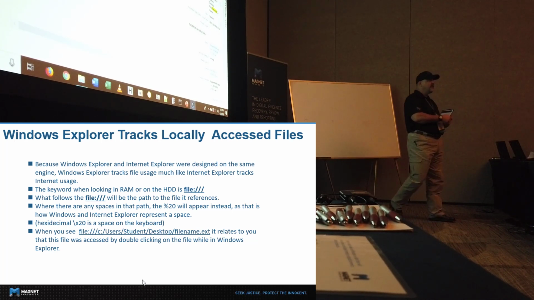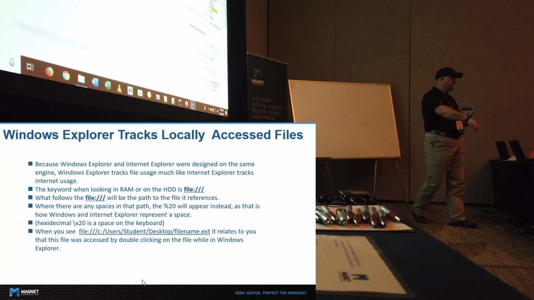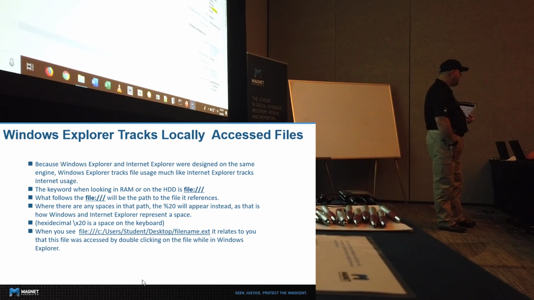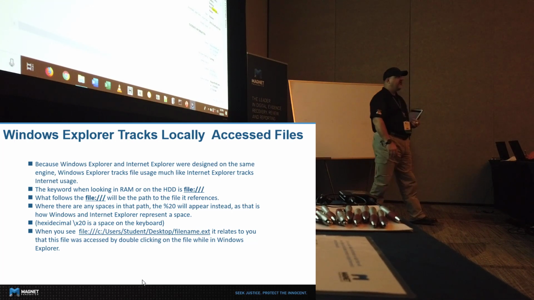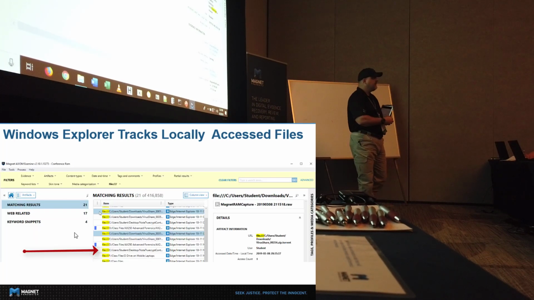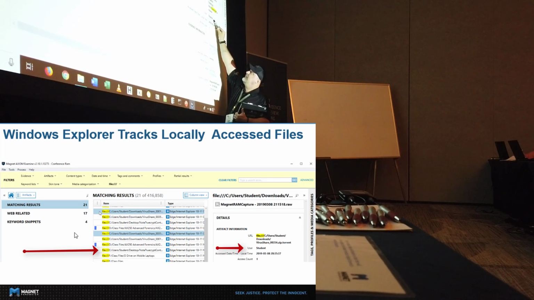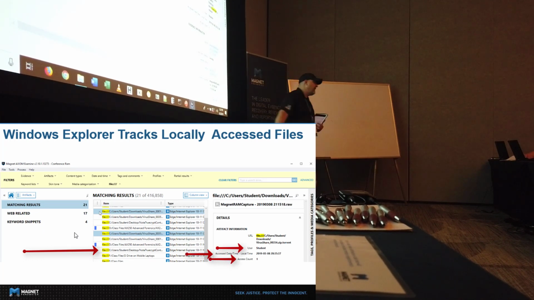So when I'm in Windows Explorer and I double click a file, guess what gets generated in Internet Explorer? A history link for that file. A locally accessed history link, which gives me not only the fact that it was accessed, but who accessed it, when they accessed it, and how many times they have accessed it, based upon the internet history.